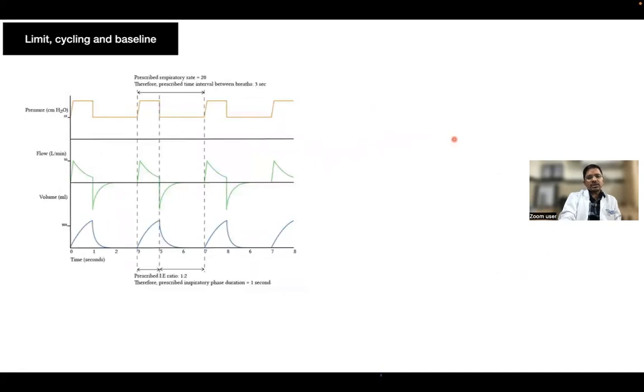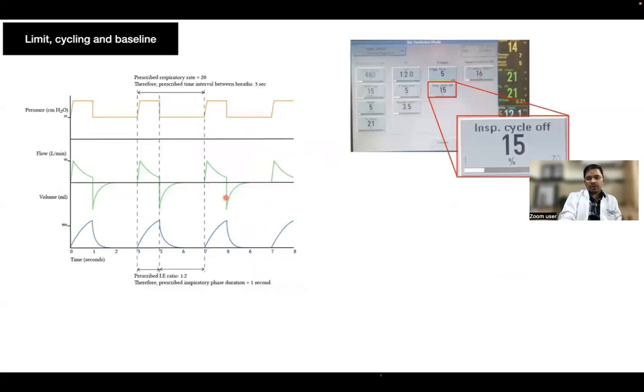Another important thing is flow triggering as well as cycling control. So here you can see whenever the pressure reaches the level that we have set, the gas flow has completed, and the inspiration is completed and it cycles to expiration.